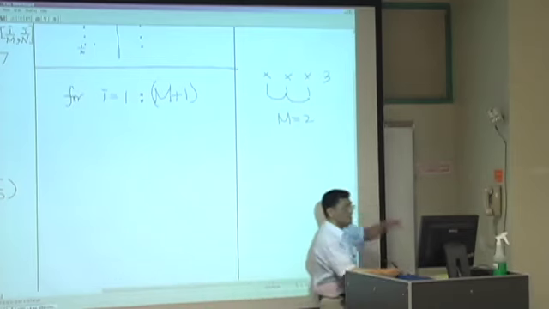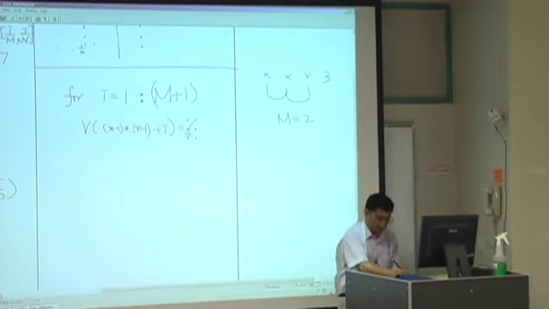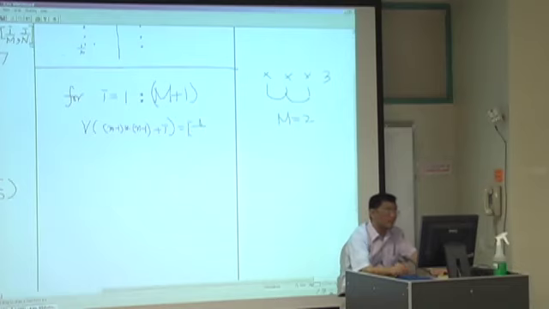Then, for these things, vertex m minus 1 multiplied by n minus 1 plus I equals I over m.